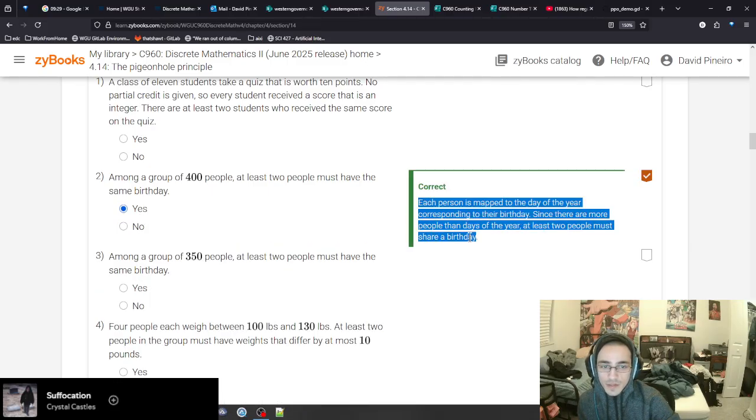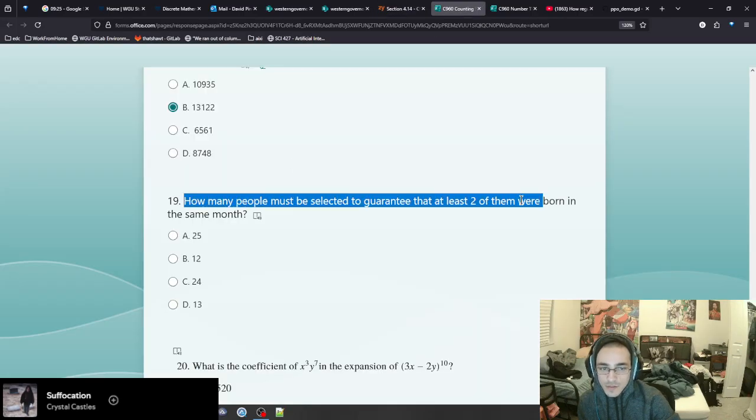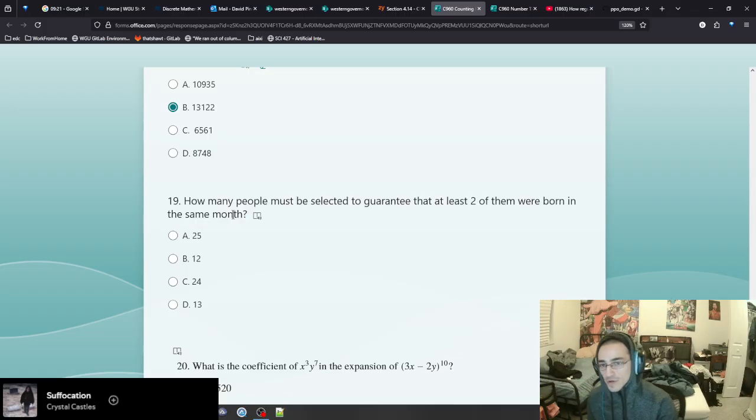Each person is mapped to the day of the year. Are you serious? How am I supposed to know that, bro? At least 2 of them were born in the same month. How many people must be selected to guarantee that at least 2 of them were born the same? So I don't know.